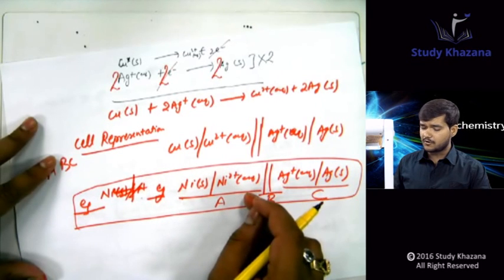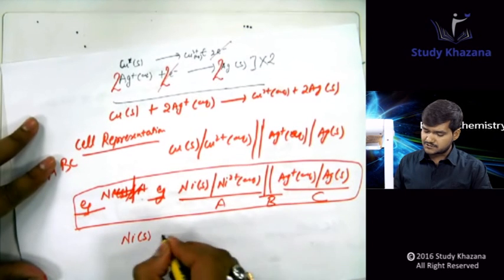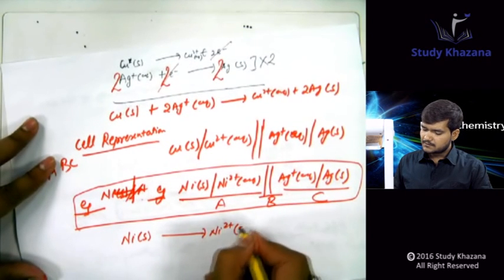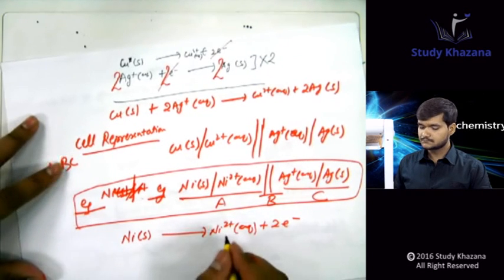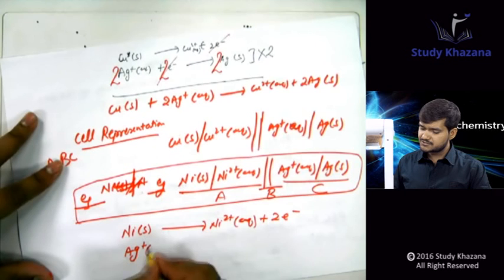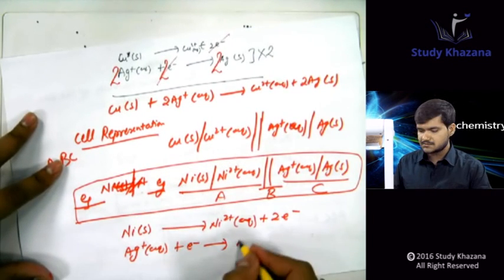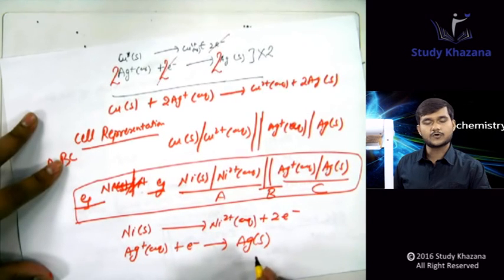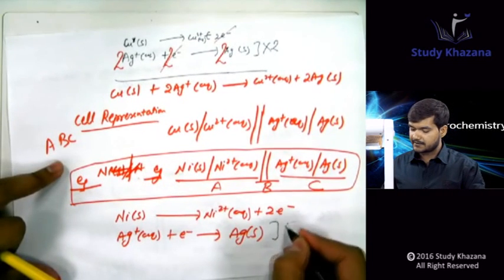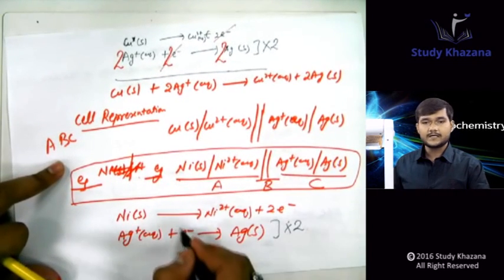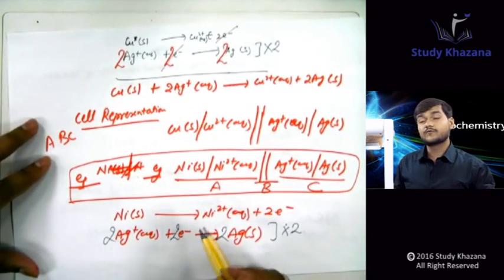So the anode is nickel, and nickel is becoming nickel 2+ aqueous. We already know nickel solid will change into nickel 2+ aqueous by the release of 2 electrons. And this Ag+ aqueous will gain a single electron to neutralize a single positive charge to become Ag solid. Now again we have to multiply the second equation by 2, because we have to cancel out these 2 electrons from the overall reaction.